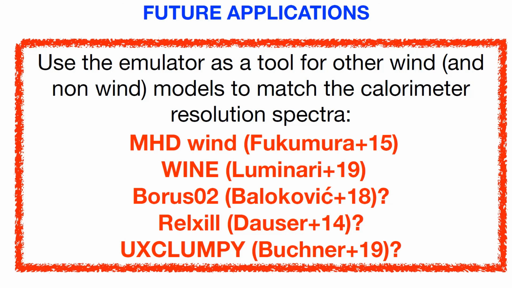So really nice work. It's impressive. If I understand this correctly, essentially what you are doing is, you have a model of ultra-fast outflows with the resolution of XMM or whatever.